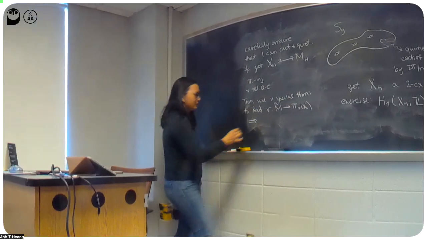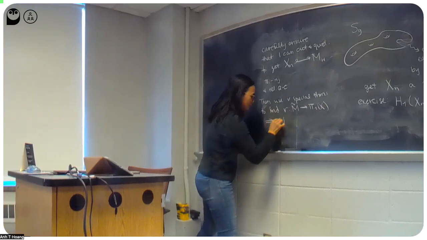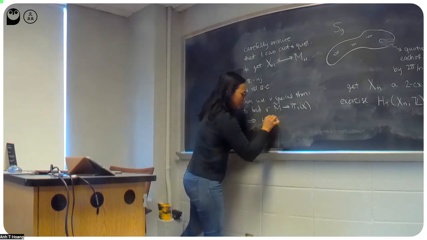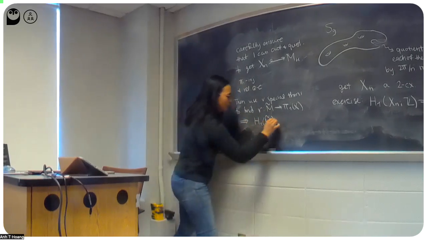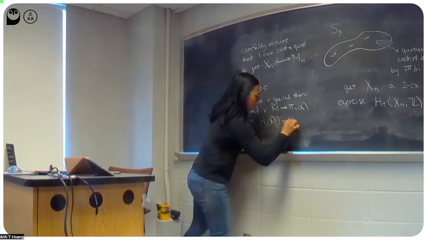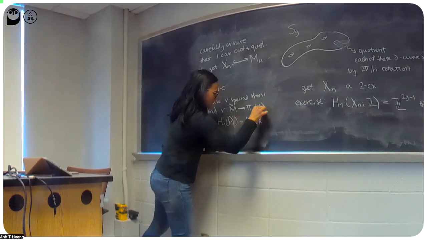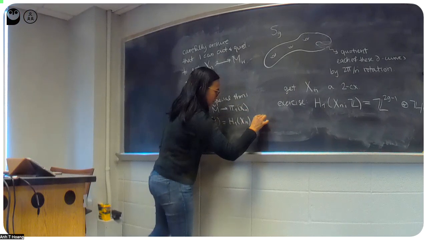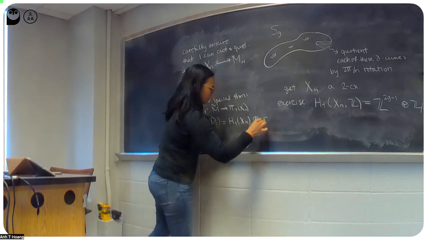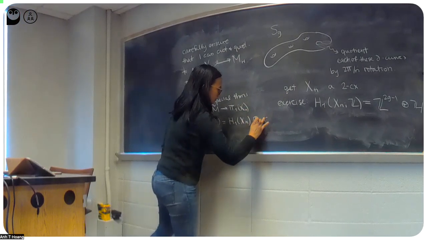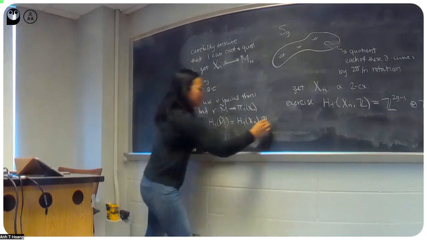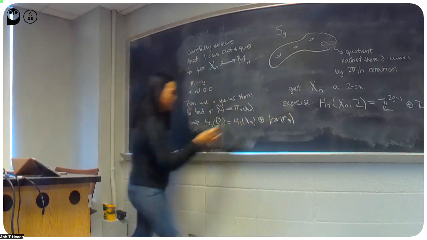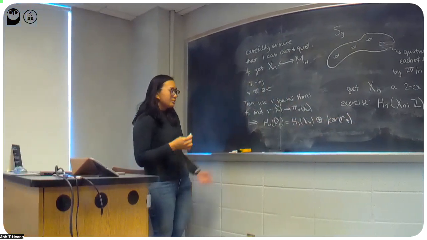And all of this is to give me now that when I look at the H1 of this cover, well, this is going to look like the H1 of Xn, plus some stuff. This is plus like the kernel of star. Okay. So this is what I get.